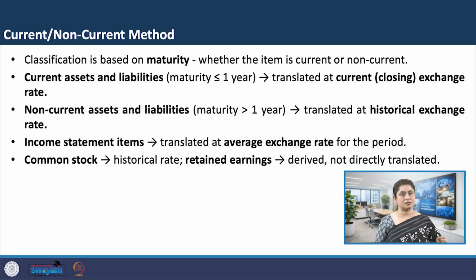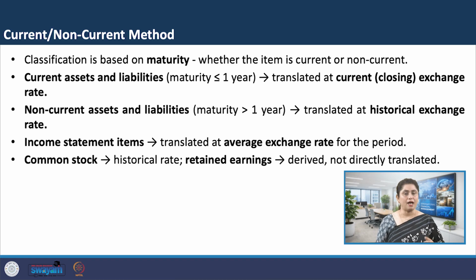Now, based on this classification, the method applies different exchange rates. All current assets and current liabilities, that is, those with a maturity of 1 year or less, are translated at the current rate or the closing exchange rate.